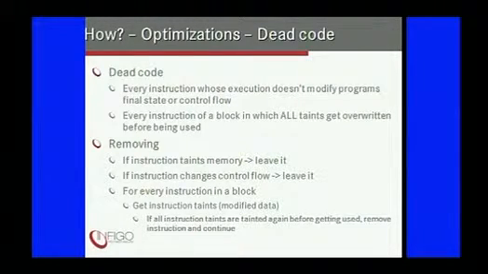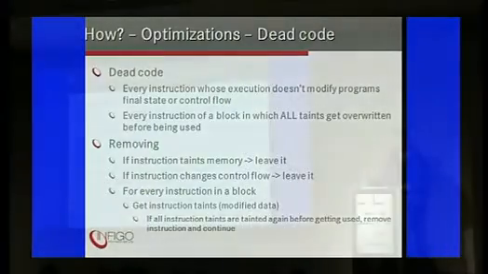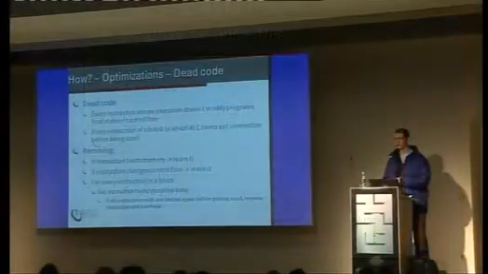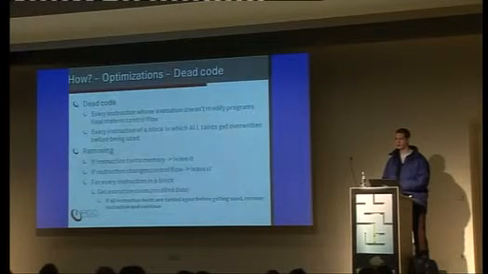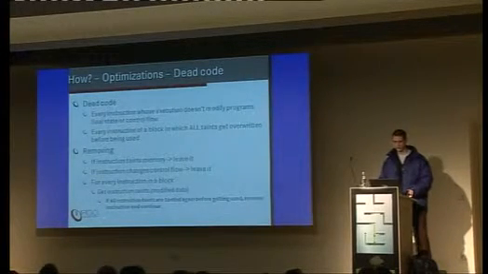That is memory tainting. Memory taint analysis and the aliasing problem is a complex one, and it's not currently addressed. So if the code encounters an instruction that taints memory, we will leave it, just for the sake of safety, and instructions that change control flow are also left out of that code elimination.